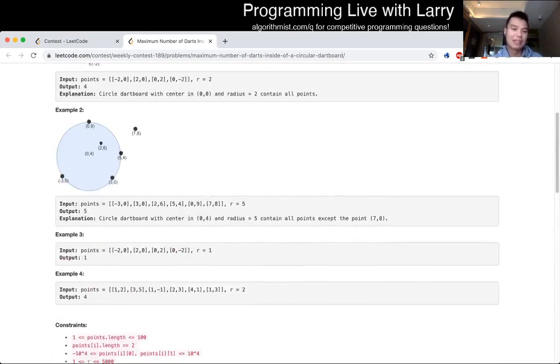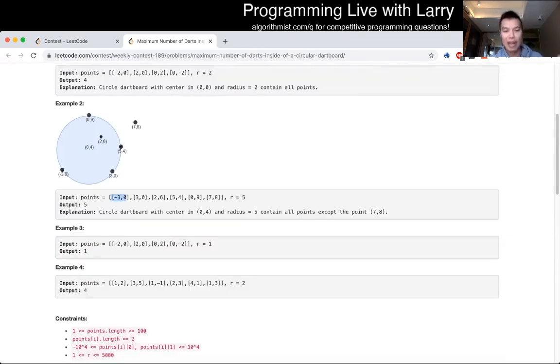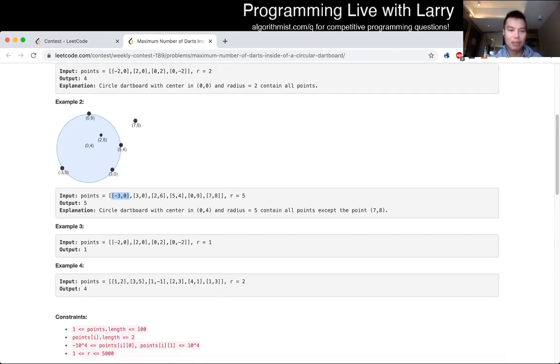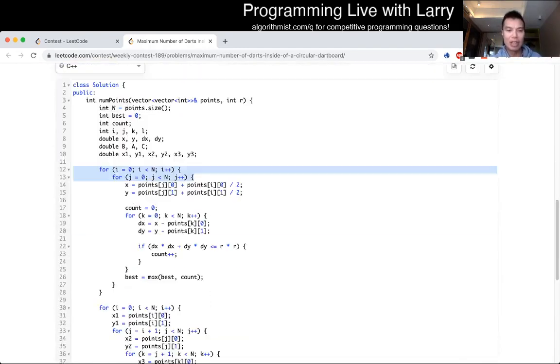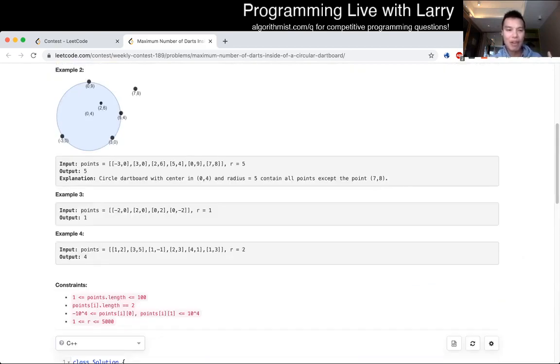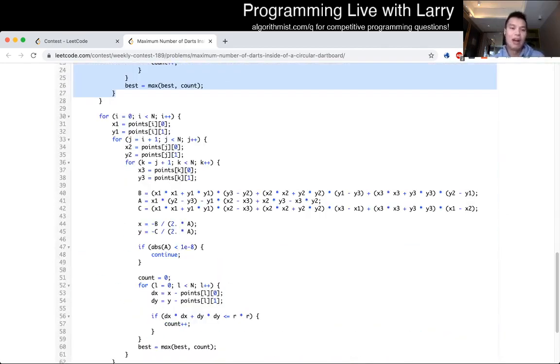For the 3 cases: for 1 point being the center, there are n cases, and it takes n times to count, so that's n squared. For the midpoint between 2 points, there are n squared of them, and it takes n to count, so it's n cubed. That's what I have here. And for every 3 points forming a circle, there are n cubed of them, and each costs n, so it's n to the 4th.